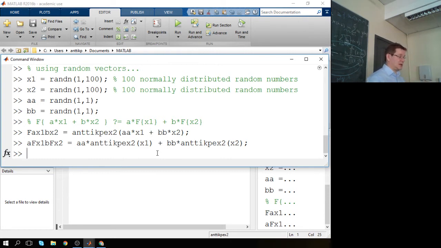One way of checking it would be, of course, plotting those on the same graph to see what they look like. But we do it in a mathematical way.